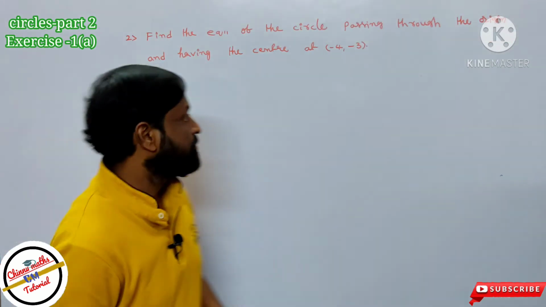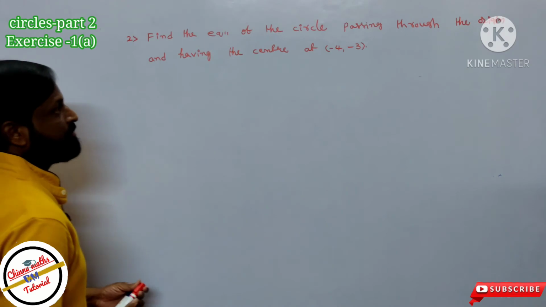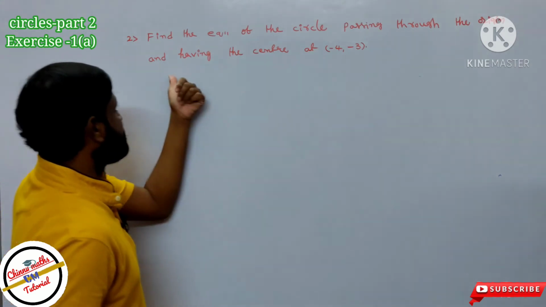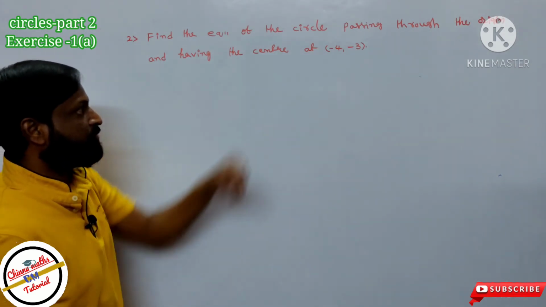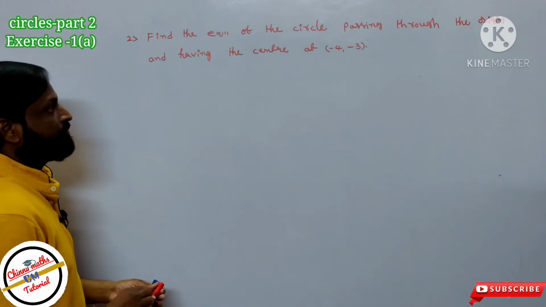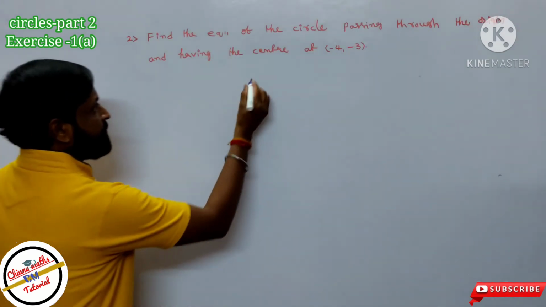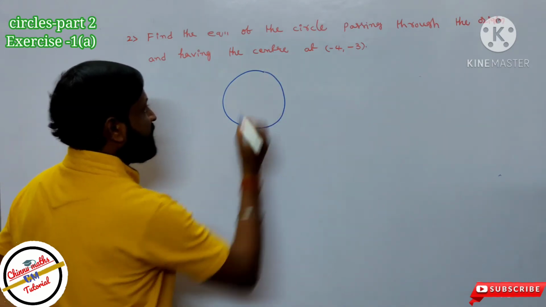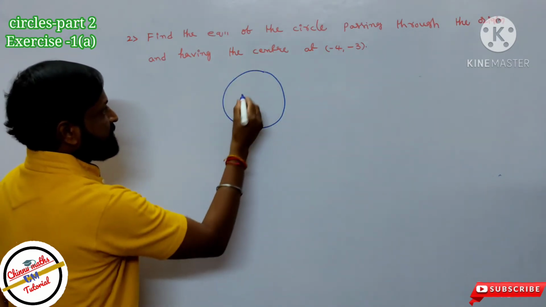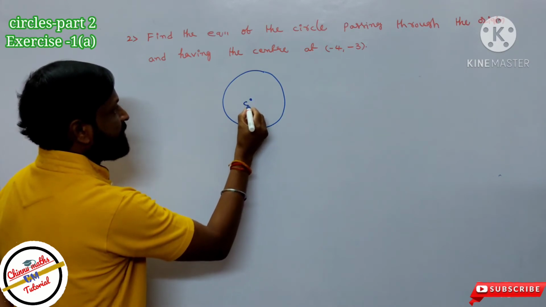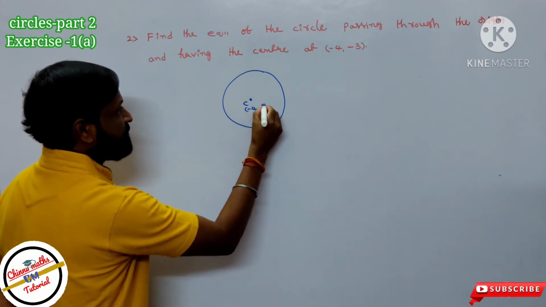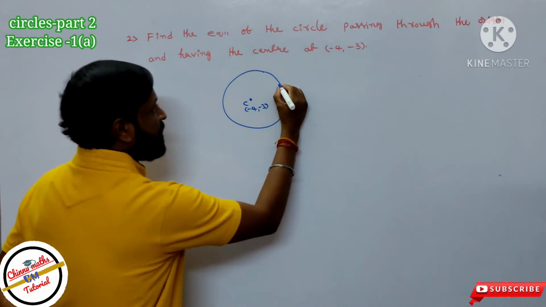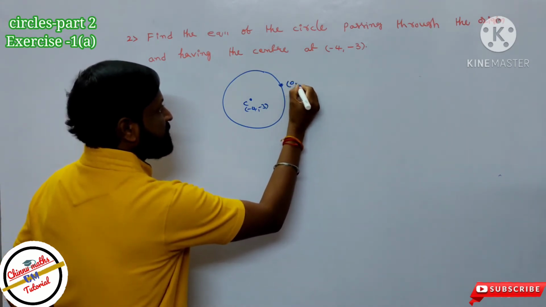Next question. Find the equation of the circle passing through the origin and having the center at (minus 4, minus 3). Here you can observe the diagram to find this circle equation. The given condition is the center C is (minus 4, minus 3) and the circle is passing through the origin, that is (0, 0).